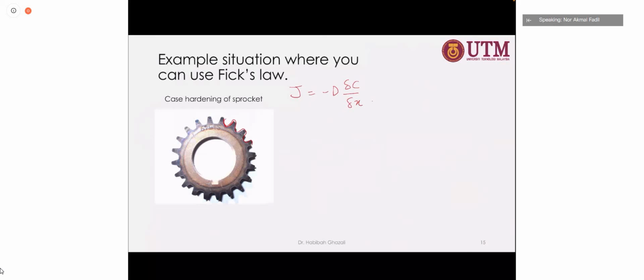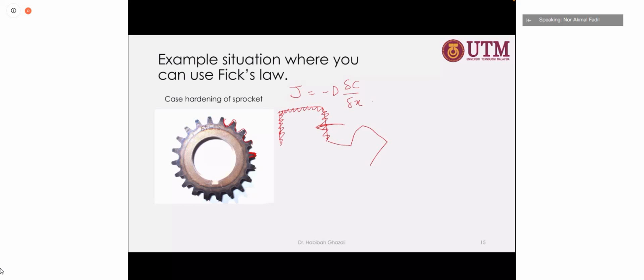Let's say you want to determine a thickness for the hardened part. This is the gear, and this is the gear tooth. If you diffuse carbon and want to harden the surface, you will harden this region only.